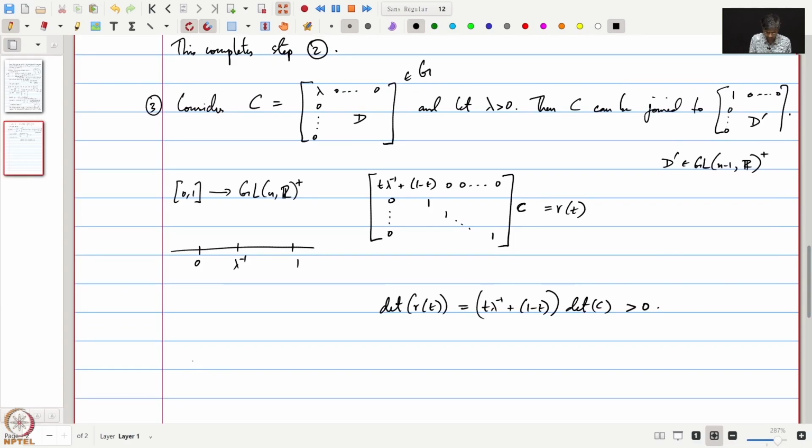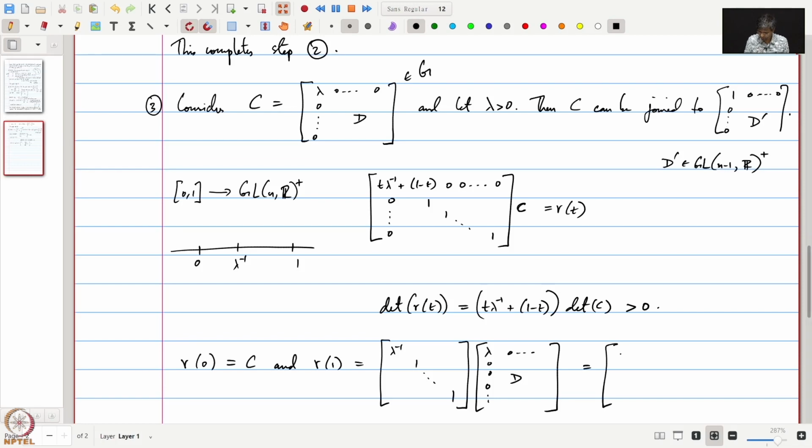And notice that gamma of 0 is equal to C, and gamma of 1 is lambda inverse times C, which is equal to 1, 0, t. This is in GL n R plus.